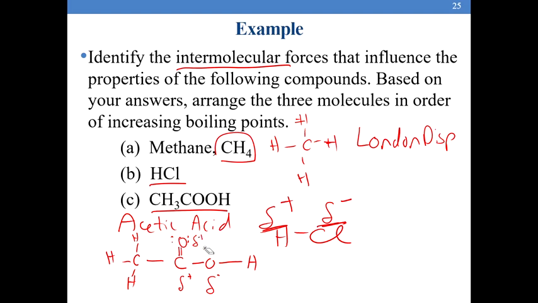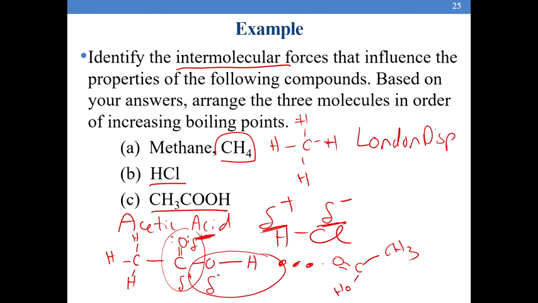Excuse me. I'm trying to make a delta. Negative. That's negative. Okay. So this component here can have dipole-dipole interactions, and this component here can form a hydrogen bond with, actually I'll draw another acetic acid molecule. All right, so there's the hydrogen bond. So C has all three components, okay?